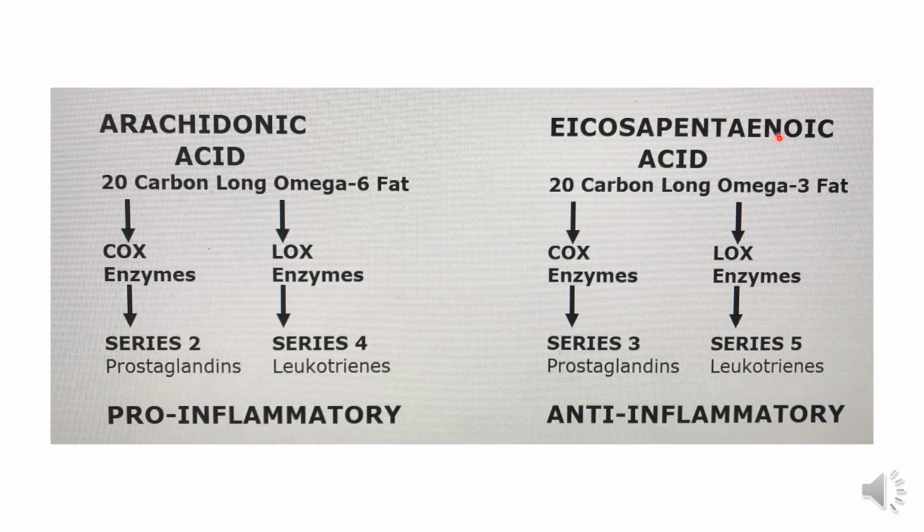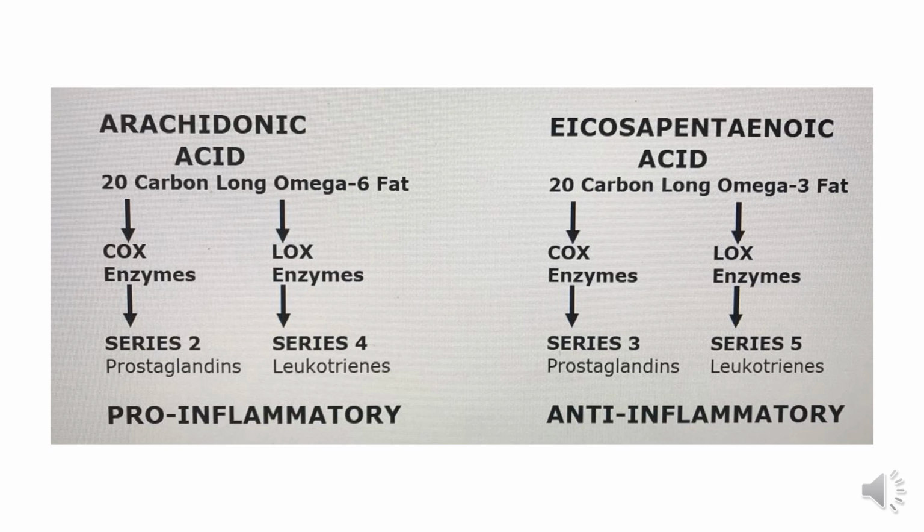Eicosapentaenoic acid is a 20 carbon PUFA, an omega 3 fatty acid. When it undergoes the COX and LOX pathway, it gives rise to series 3 prostaglandins and series 5 leukotrienes, and they are all anti-inflammatory. So these are the effects of different prostaglandins and leukotrienes based on the PUFA from which they are generated.